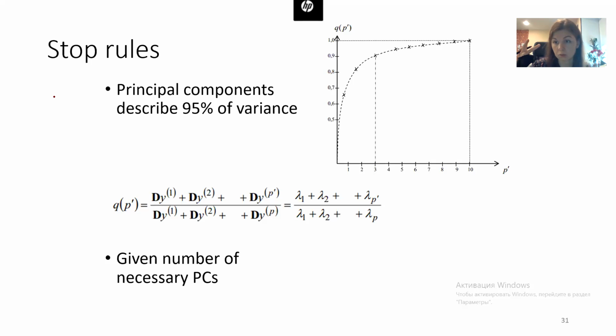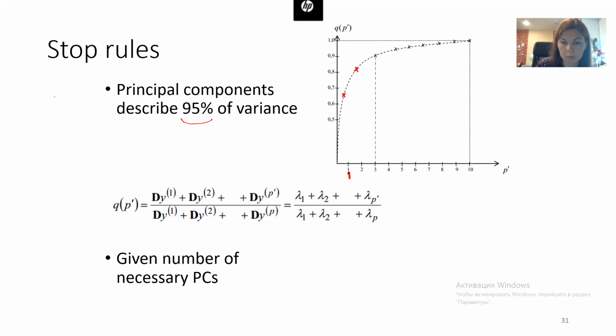There can be two rules. We select the number of principal components which describe 95% of the variance. For principal components, we have a rule that the sum of the dispersion of the principal components is equal to the total dispersion of the original data set. And we may plot these points.